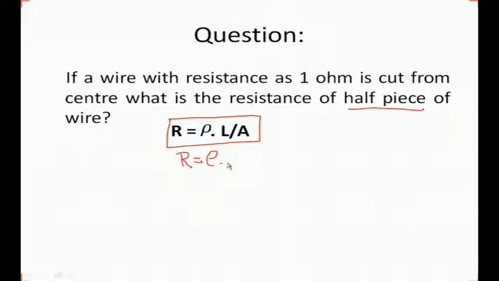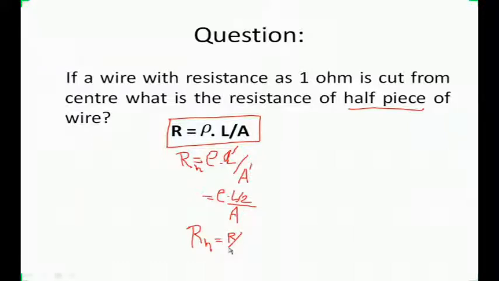Now what have been the changes? We write here the resistivity, as you all know, remains the same. It is the characteristic of the material. New length L upon new area of cross section A. So the resistance of the half wire becomes: resistivity remains the same, the new length becomes half, so it is L by 2, and area of cross section remains the same.